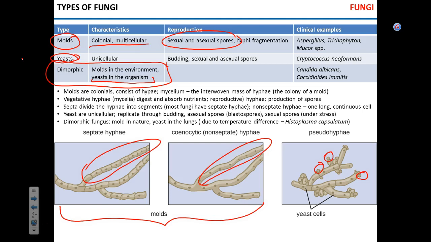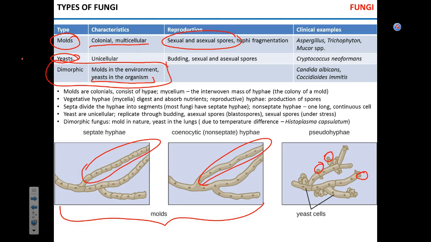Most likely that happens because of the temperature difference. If you think about it, the environment, like the forest, the ambient temperature is mid-70s, 80s, right? And the human body is almost 100. So the temperature difference probably is what modulates the growth of dimorphic fungi.